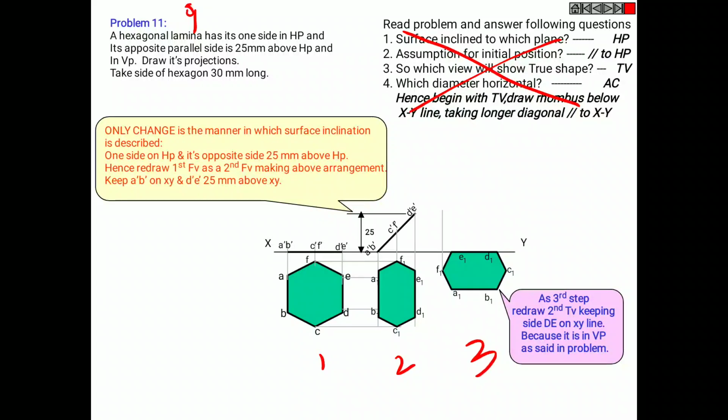So in VP will be indicated in this way. He didn't say any inclination to VP in VP, so we have drawn it on the XY axis line. Take a minute and make the diagram carefully.